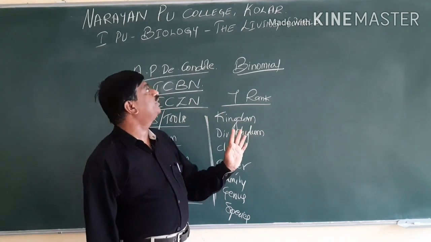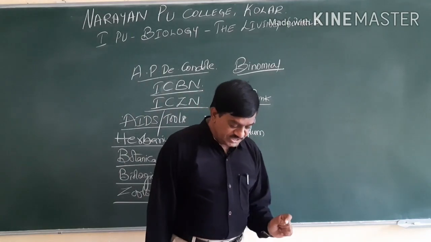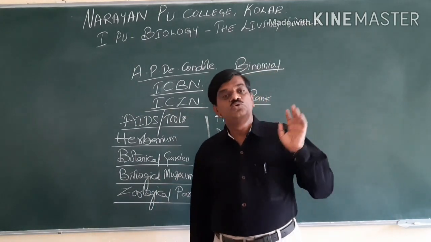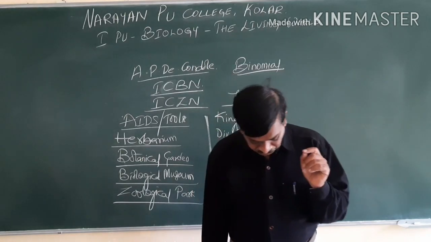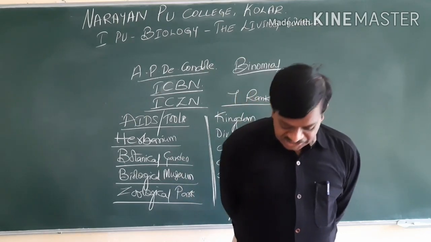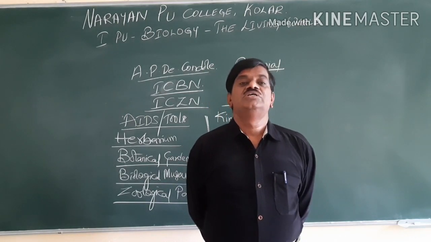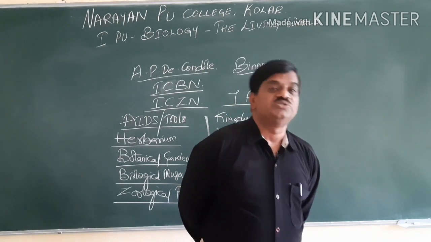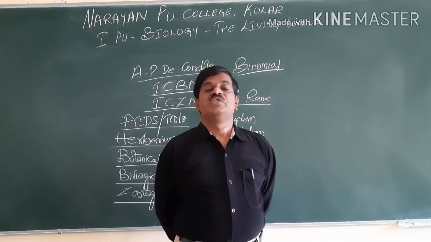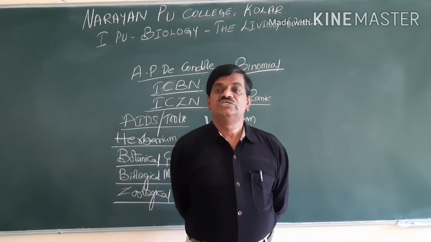So we have completed the synopsis and overall mentioned the living world. Students, next we are going for the next chapter, biological classification. Before this, collect the NEET books from the college and be ready.